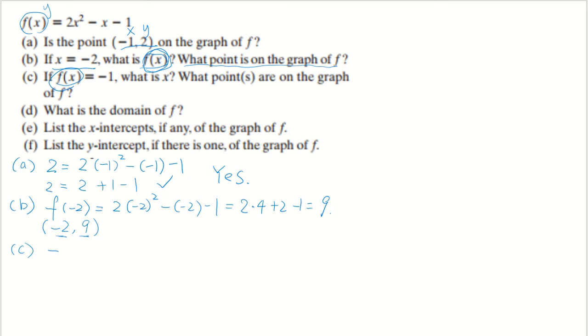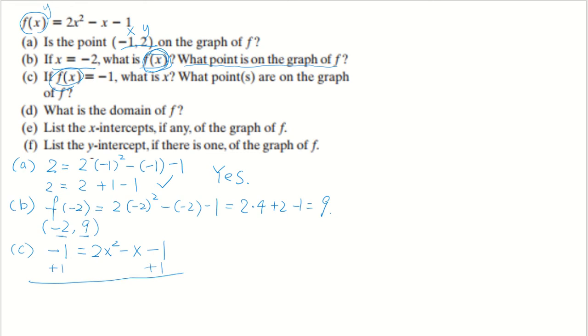So we have -1 equals 2x squared minus x minus 1. And we want to solve this equation. First of all, this is a quadratic equation. You want to leave one side equal to 0, so I will add 1 on both sides.